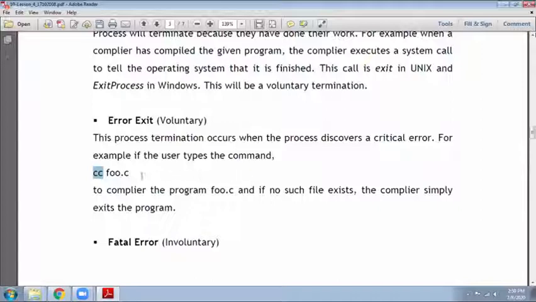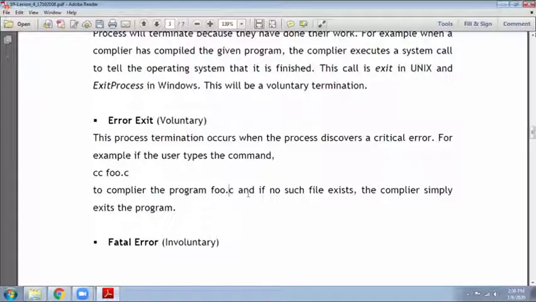So if you write C code, you save it as .c. So cc, then the file name foo.c, your source code in the C language. When you want to compile it, we give cc and the file name. The extension is .c.